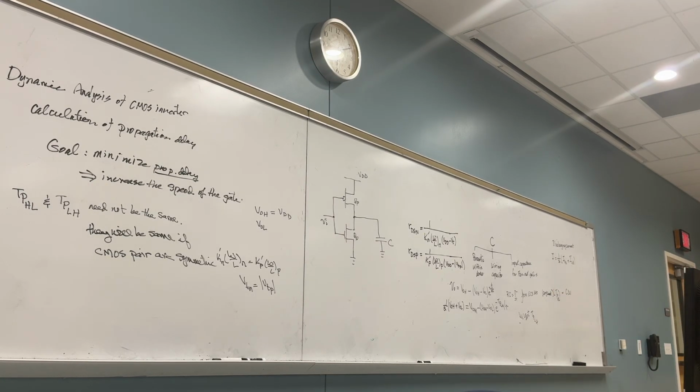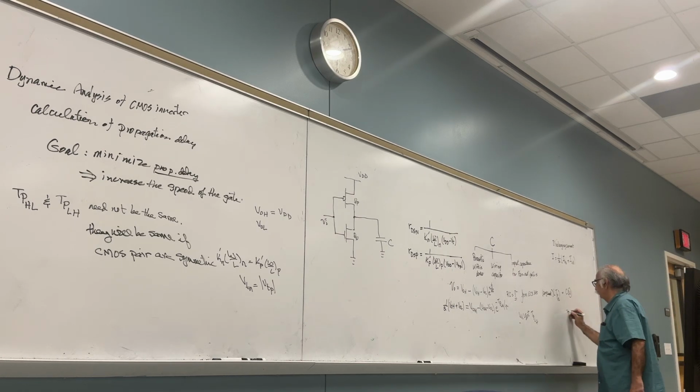What do I put in delta V? Where did I start? VDD. Where did I end? VDD over 2.